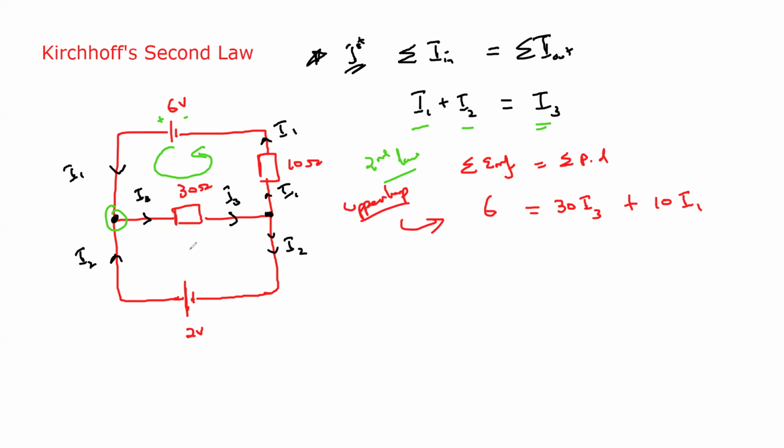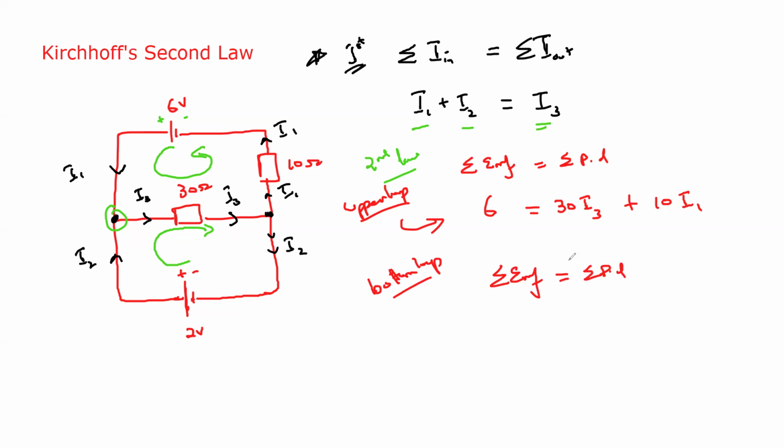Now, when we take the bottom loop, this is positive and negative. So what will be the direction of the flow? The direction of the flow in the bottom loop should be like this, because it goes from positive to negative. When we take the bottom loop, the total EMF must be equal to the total potential difference in the bottom loop.